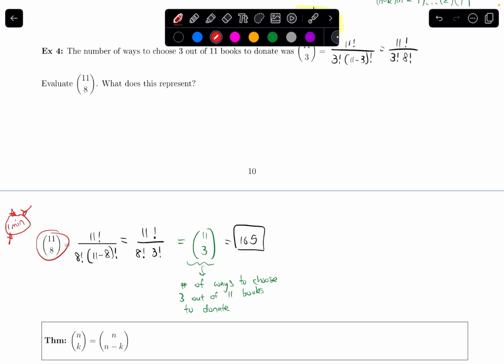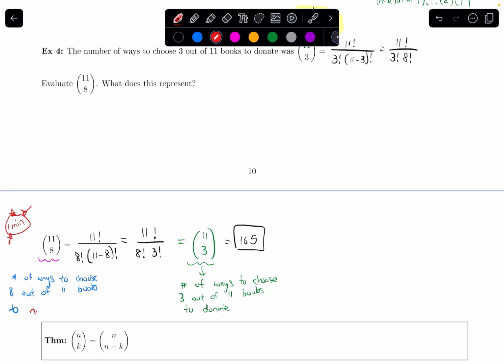All right, so hopefully you paused it to think about it. Let's talk about it. So what would 11 choose 8 represent? This would be the number of ways to choose 8 out of 11 books to not donate.